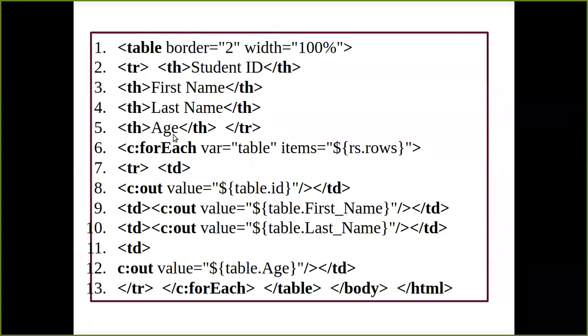Fine. Now we are going to use the for each tag which is inside your core tag. How can we identify that this for each tag comes from core? Because it is prefixed with c.